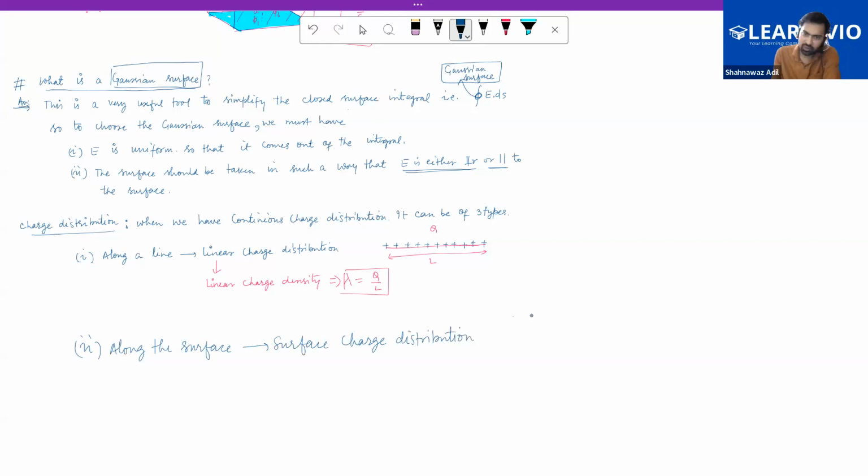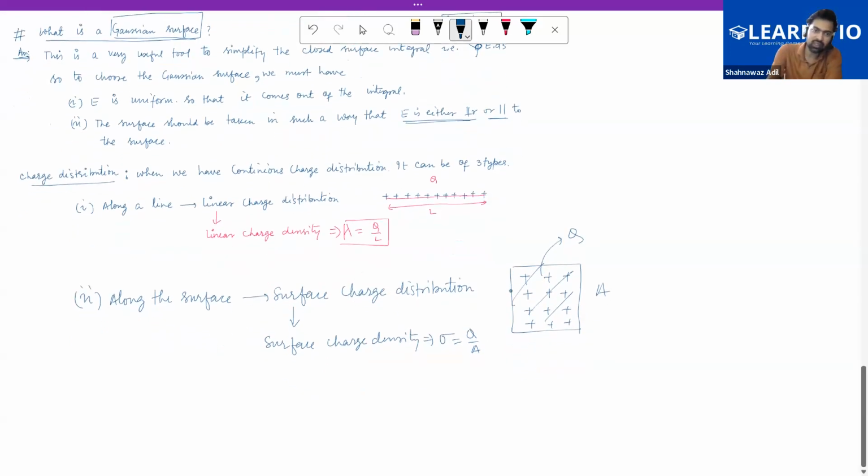For example, we have this sheet, and along this sheet we have this charge. For this, we have surface charge density, represented as sigma. Let's say the whole charge is Q and the area is A. So this is Q by A.